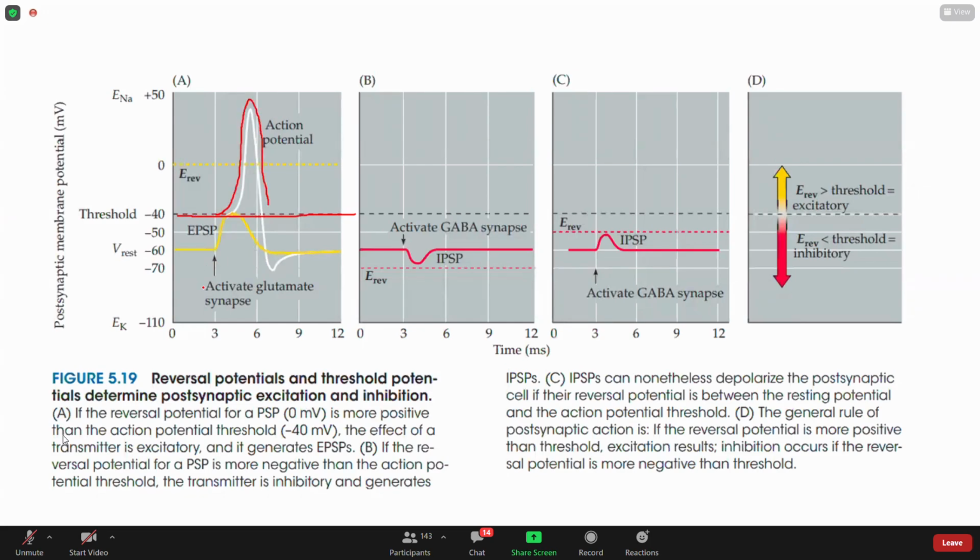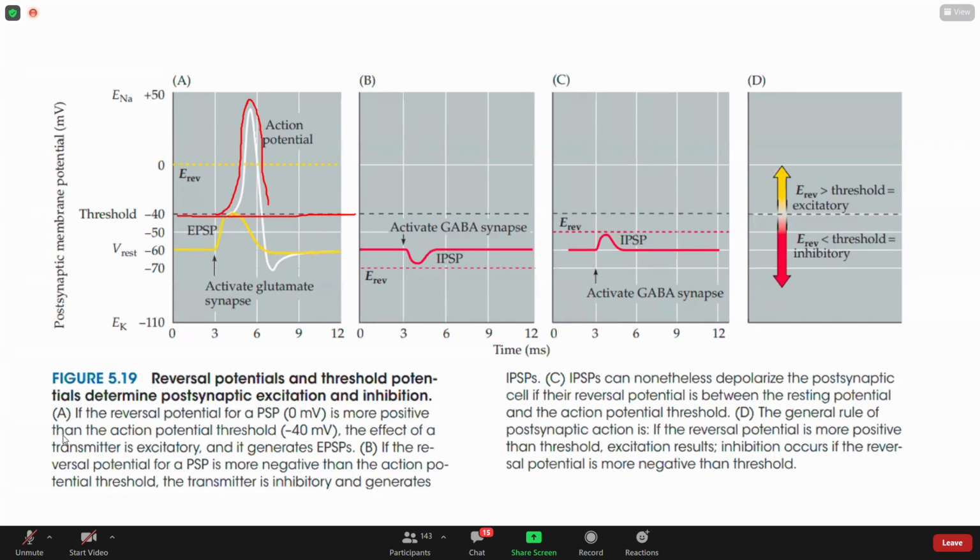The reason glutamate results in an excitatory postsynaptic potential is that it allows sodium to go inside, and sodium goes inside because the reversal potential for sodium is in the positive values. You remember the reversal potential for sodium. Yes, it's in the positive values.